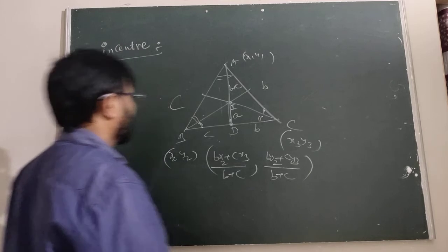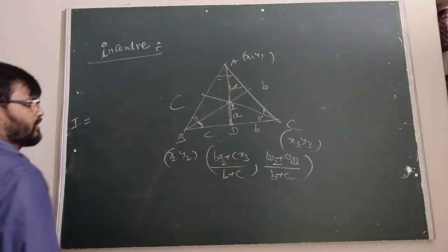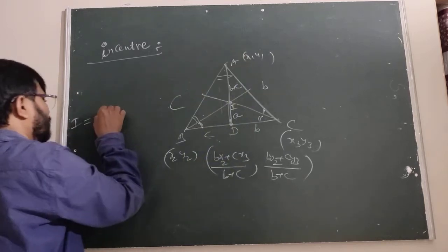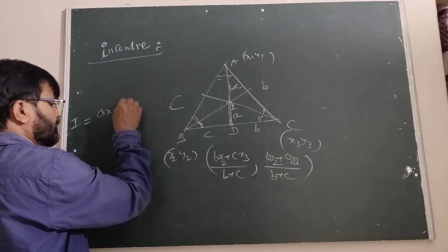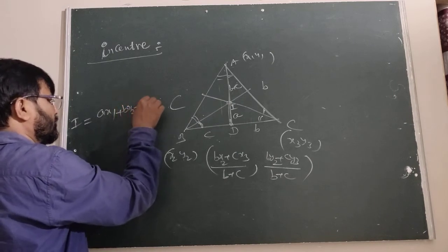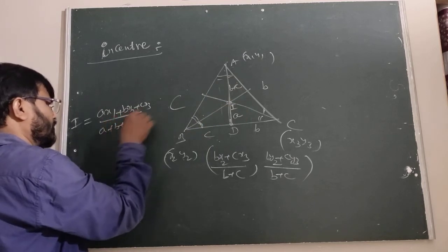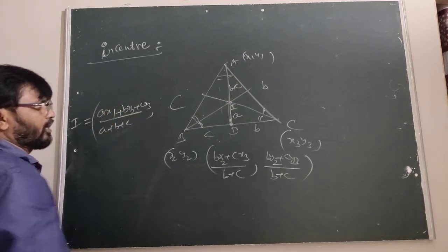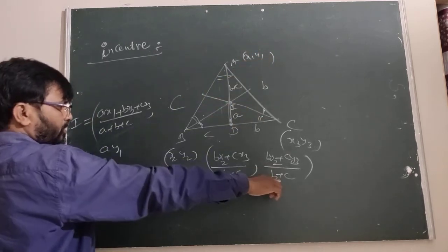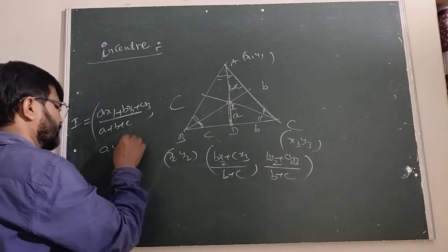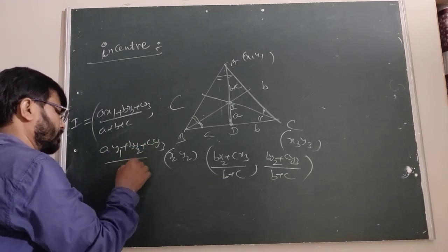This is the form. Now I divides the AD in the ratio (b + c) : a. Therefore, a·x1 plus (b + c) times this one, where b + c cancels, gives (a·x1 + b·x2 + c·x3)/(a + b + c). Similarly a·y1, and (b + c) multiplied with this one cancels, giving (a·y1 + b·y2 + c·y3)/(a + b + c).